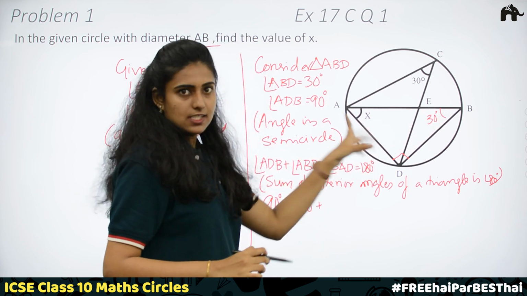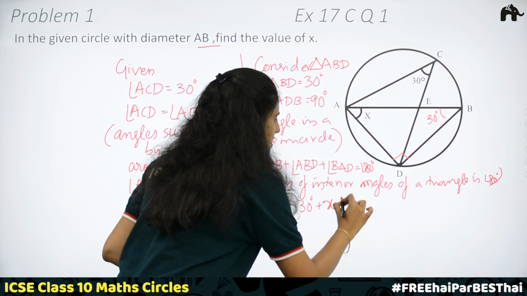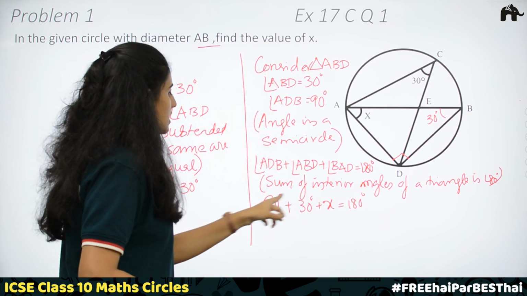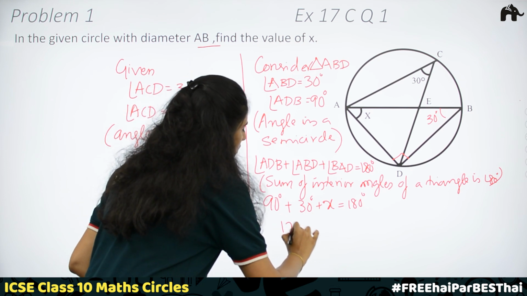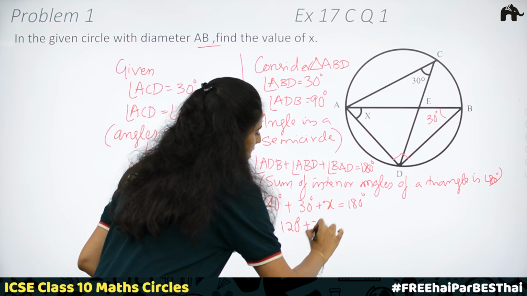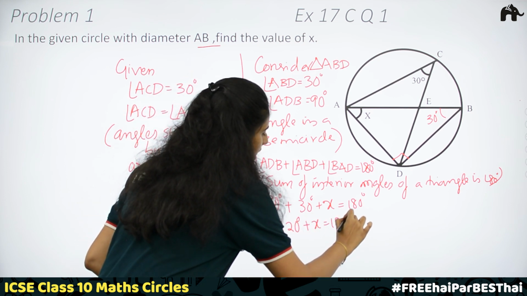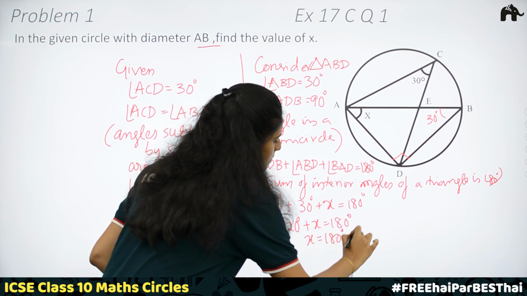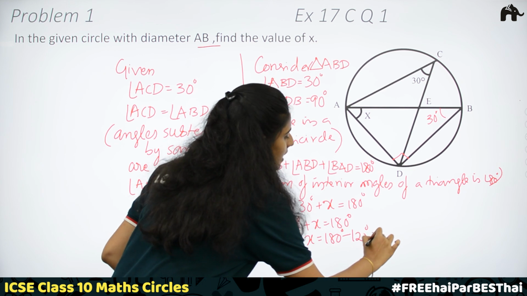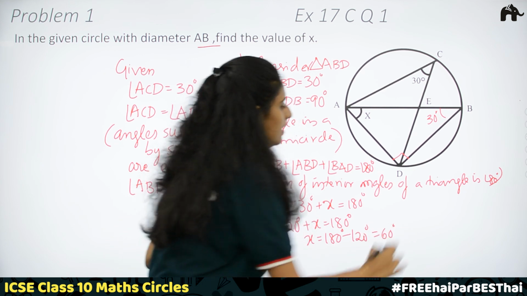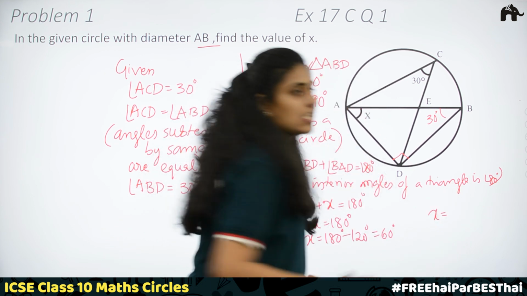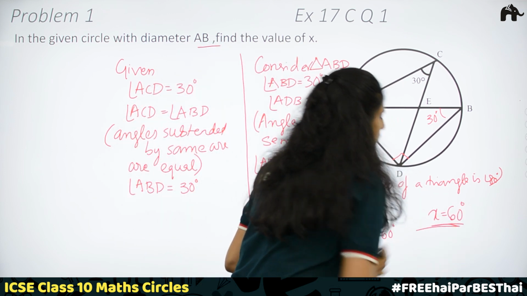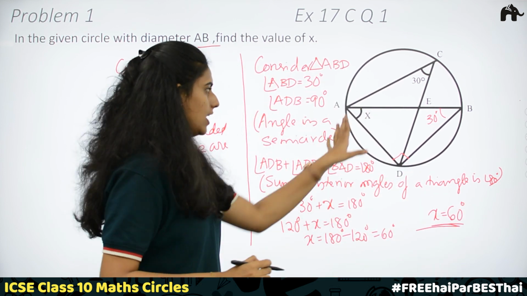BAD is this angle which we have to determine and that is x. x is equal to 180 degrees. 90 plus 30 we get 120 degrees plus x is equal to 180 degrees. Then the value of x is equal to 180 degrees minus 120 degrees, and that is equal to 60 degrees. We get angle x is equal to 60 degrees. Okay, we have determined the value of x.